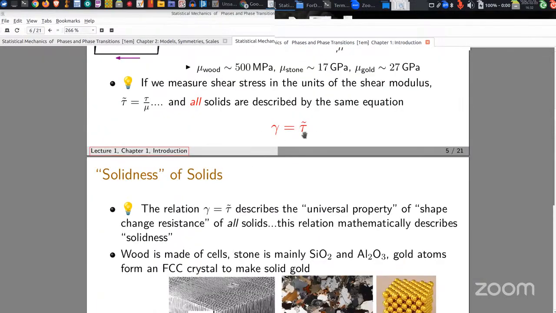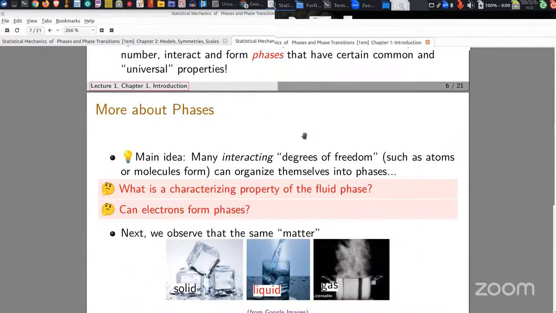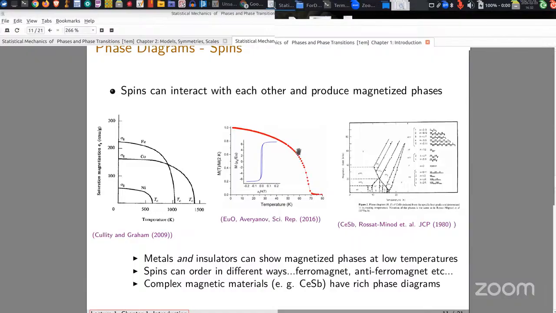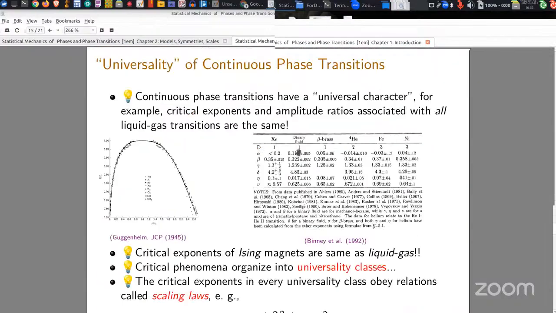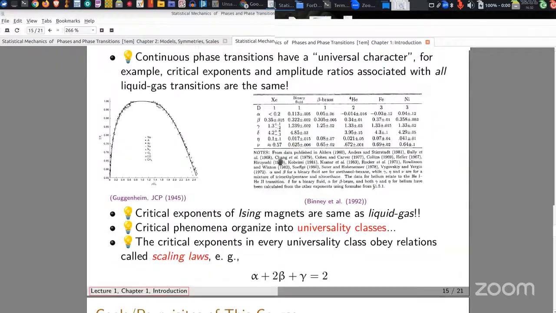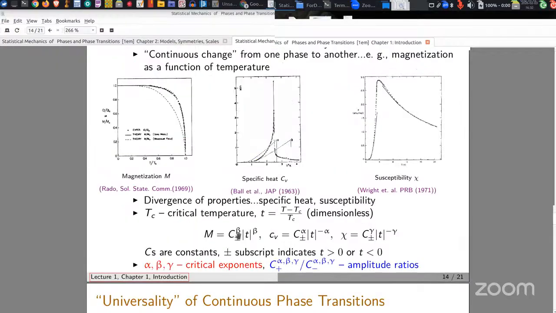So you get this kind of universal quantities out. Examples of non-universal quantities are the parameters C beta plus and C beta minus. These constant numbers will depend on what material or system you have. But the ratios C beta plus by C beta minus, or C alpha plus by C alpha minus, or C gamma plus by C gamma minus, will not depend on what system is realizing this phase transition.